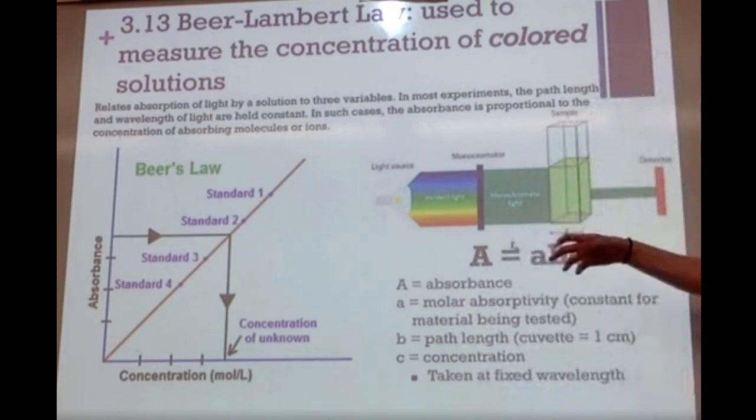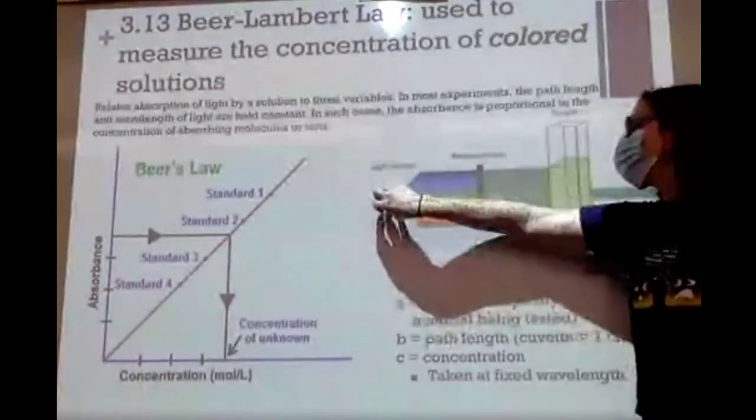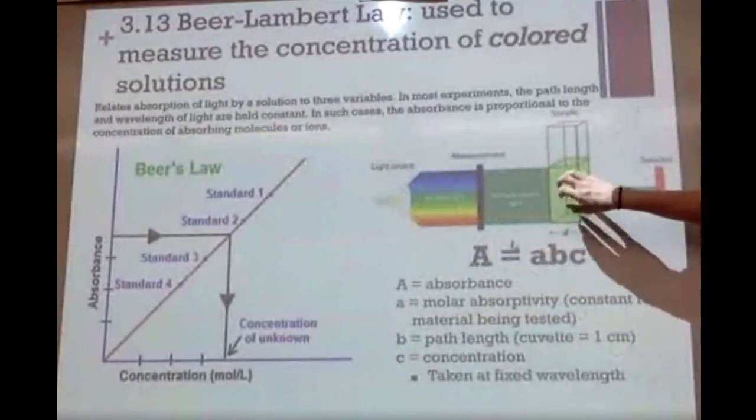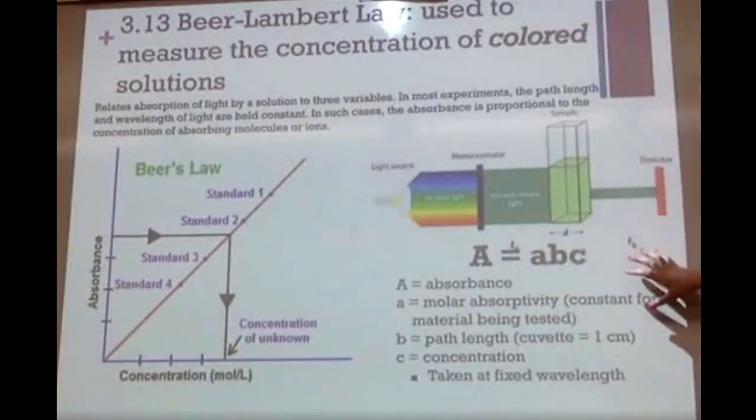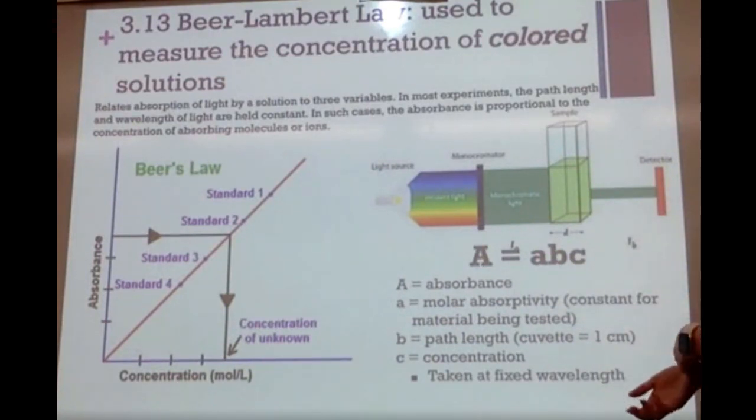And in the simulation, you shined a light toward the solution. It absorbed a certain amount of light. And then we were able to measure the absorbance. And from the absorbance, we calculated concentration. So Beer's law is used to measure the concentration of colored solutions.